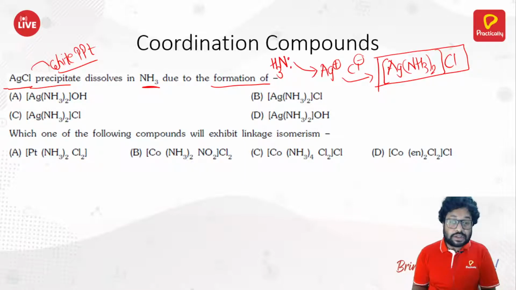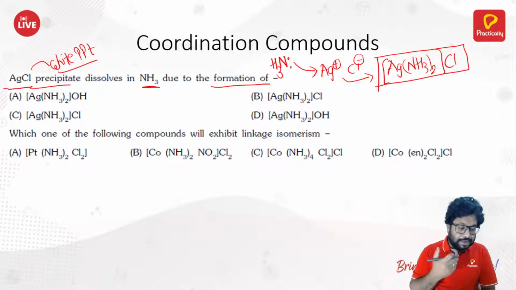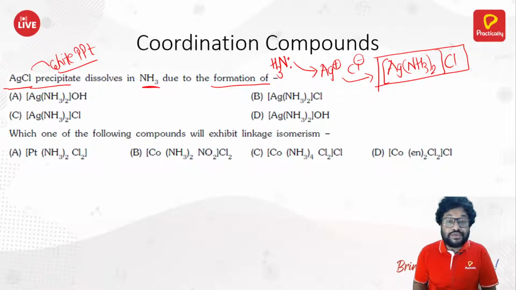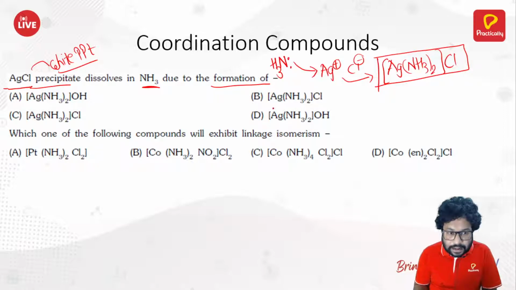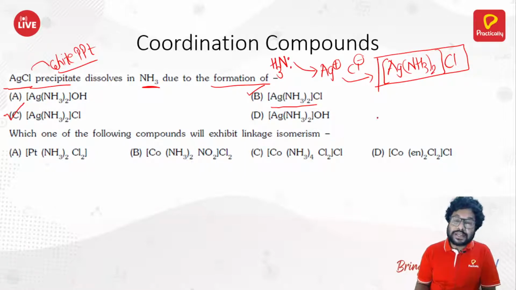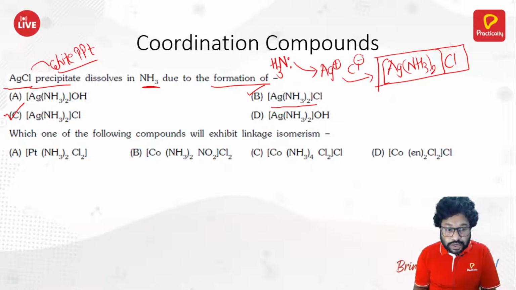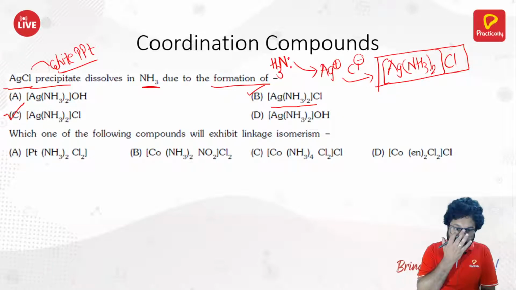Because of formation of this complex, your AgCl precipitate actually gets dissolved in ammonia. And therefore, the correct answer is [Ag(NH3)2]Cl. It appears in option B also, and it is present in option C also. Okay? But you should understand what it is getting. [Ag(NH3)2]. Okay? Sure. Moving ahead.